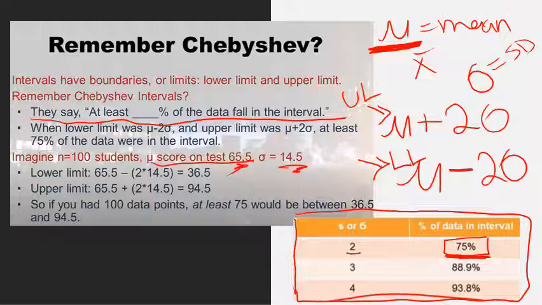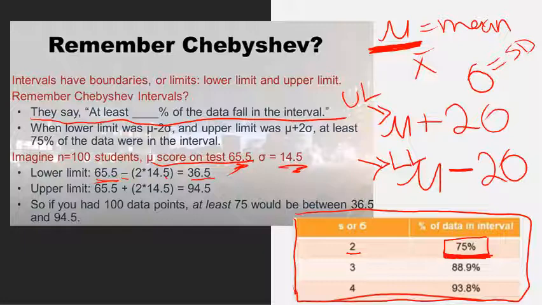In the situation where we want to use 2 standard deviations, which corresponds to 75% of data within the interval, we take our mean, mu, which is 65.5, and subtract 2 times our standard deviation. That gives us 36.5, so that's our lower limit.